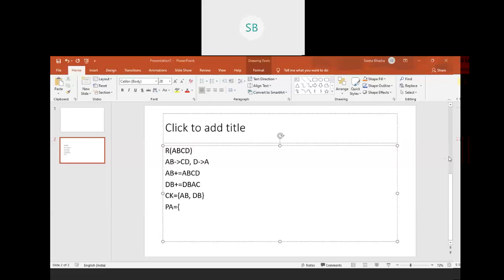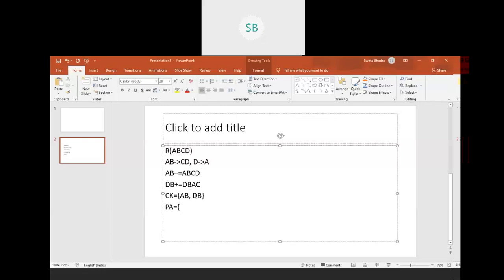Prime attributes are something which help in making the candidate key. So is it only A and D, or is B also there in the candidate key? Avinash, B is also present, right? It also helps in making the candidate key, so it will be a prime attribute.